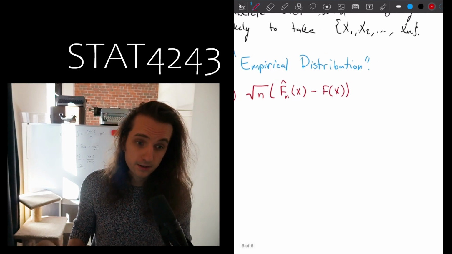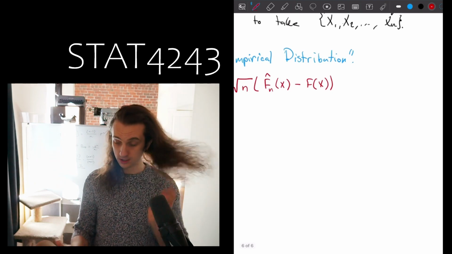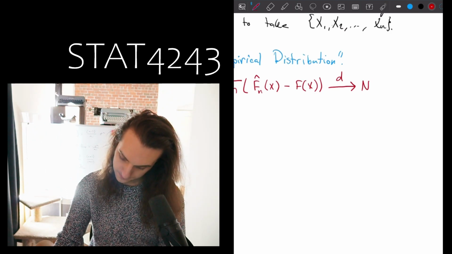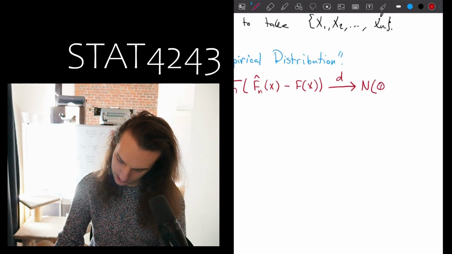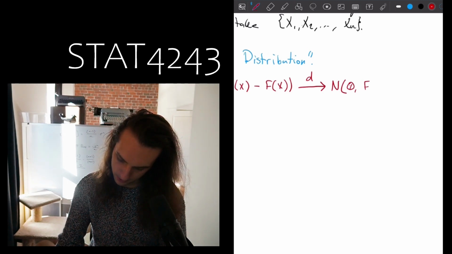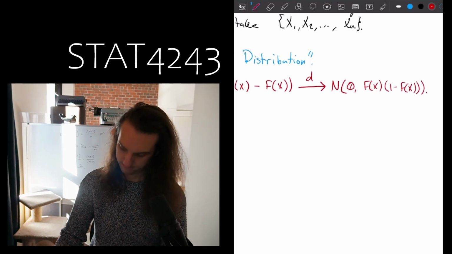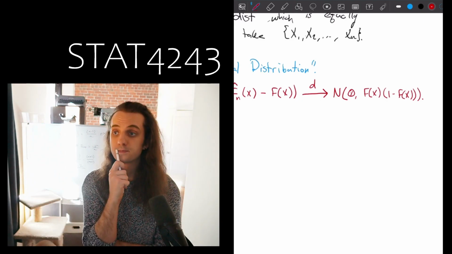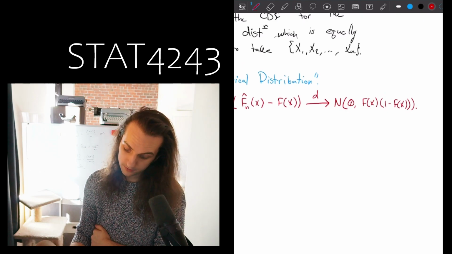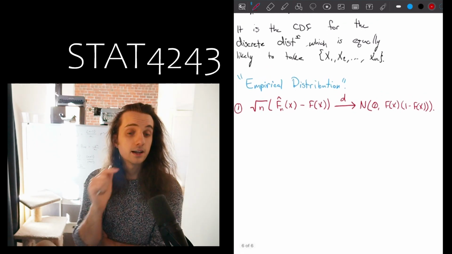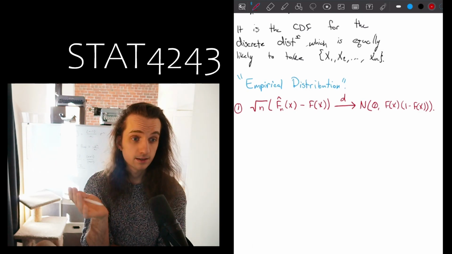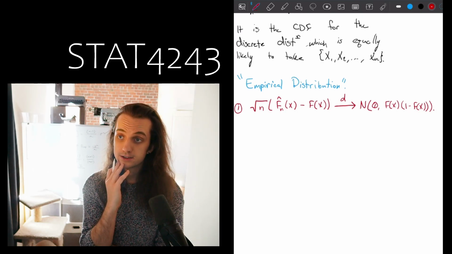We know from our central limit theorem that this is going to converge in distribution to a normal with 0 mean, and the variance is actually going to be given by the Bernoulli variance here. So that's F of x times 1 minus F of x, right? And so that's an intriguing result that we have there. And this is going to be useful. For instance, we can use this to formulate confidence intervals around our ECDF, right? So that's a helpful place that we can apply this technique.